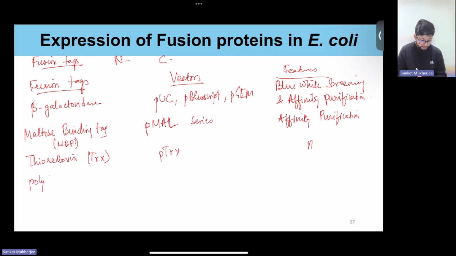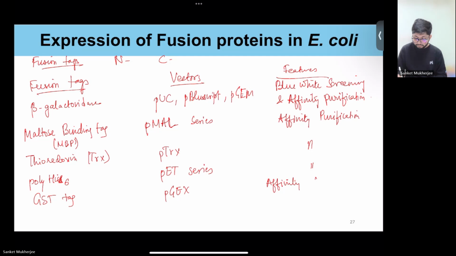A polyhistidine tag can be there in the pET series vectors. A GST tag can be there in the pGEX series vectors. The pGEX series can be used for, again, affinity chromatography and reporter gene assay as well.